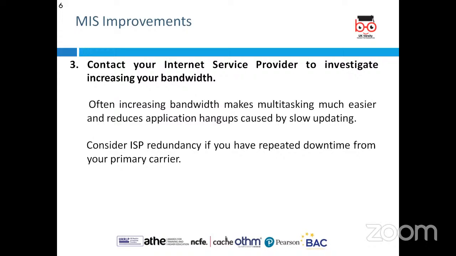If in our workstation or infrastructure we feel that our performance might be affected due to internet bandwidth, then it is recommended to contact the internet service provider, ISP, which can investigate and come up with a solution.